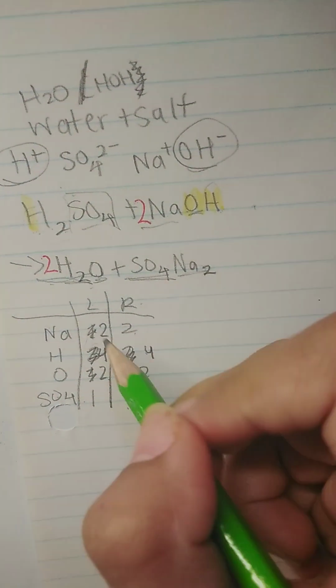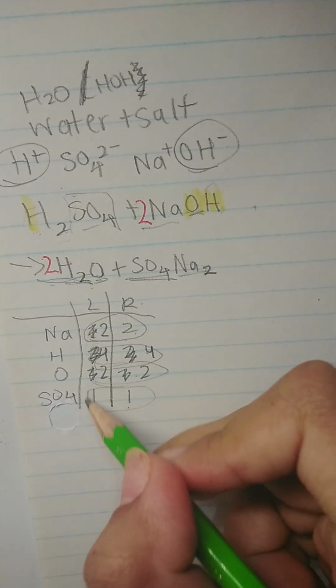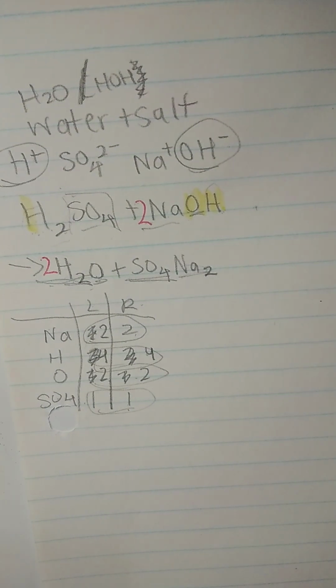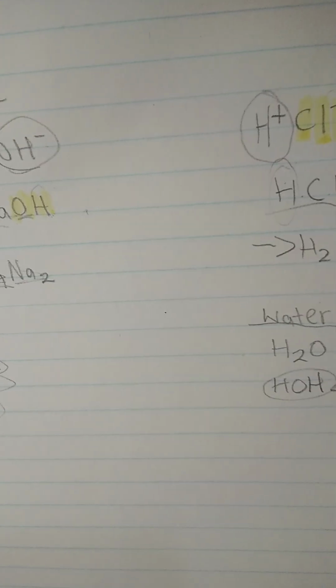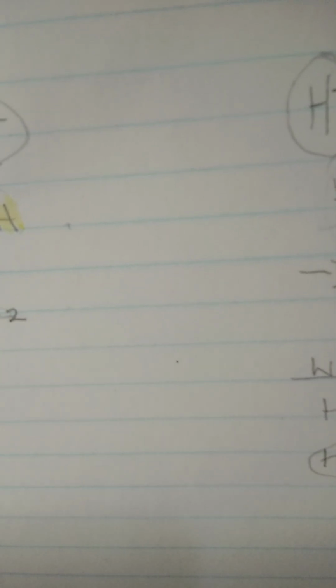Now, as you can see, 2, 2, 4, 4, 2, 2, 1, 1. It's balanced. I hope this video helped you a lot. I'm going to quickly write some notes for you.